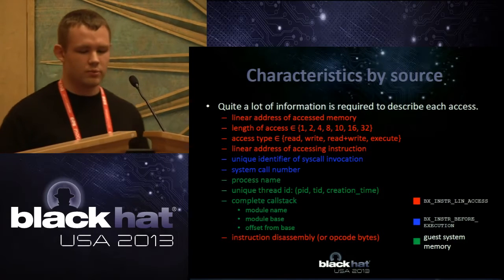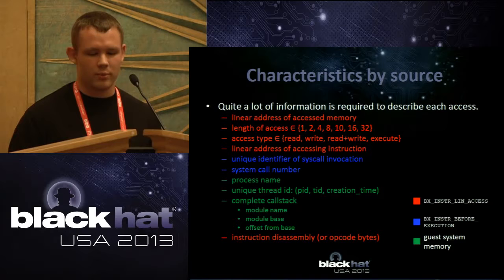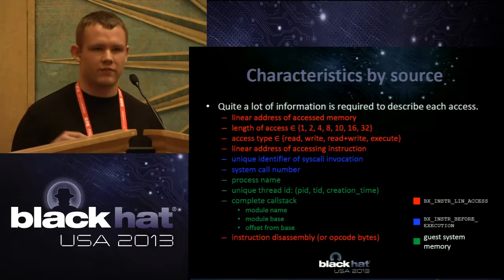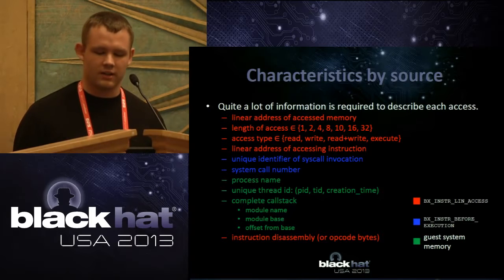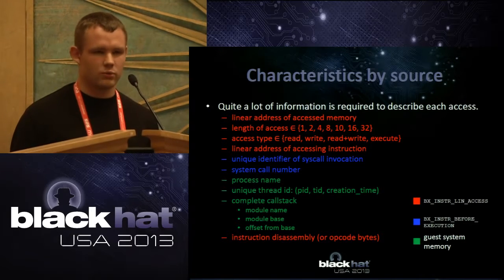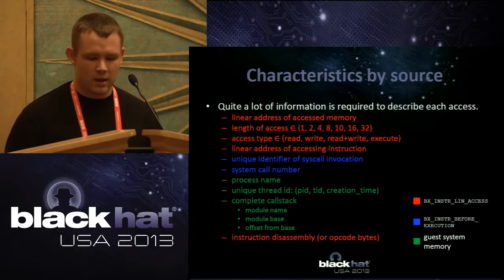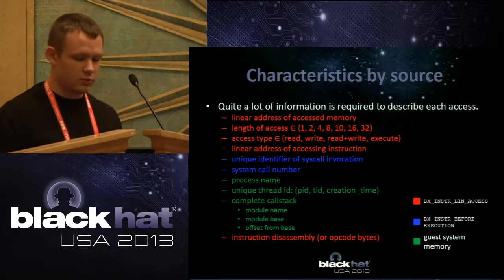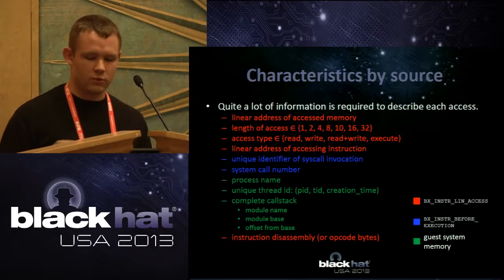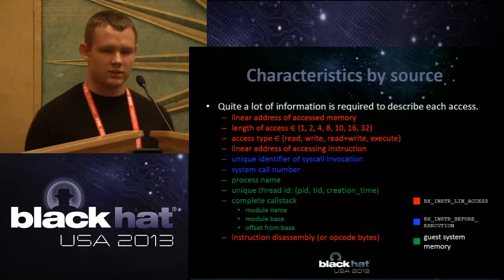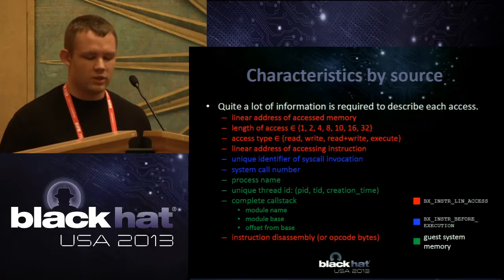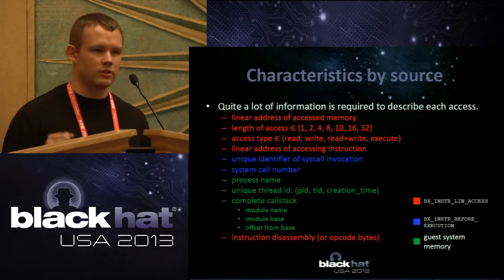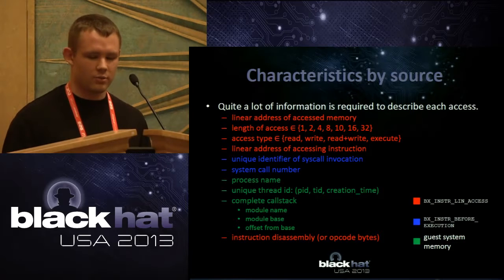We can also group these types of information by the source of where we take them. So again we have three groups. The first one is information that is provided by the linear memory access callback that we have from Bochspwn. Then we also have information that we get from the other type of callback, which is the one that is invoked before the instruction is executed. We need that because we have to know about all system calls that take place within the operating system.